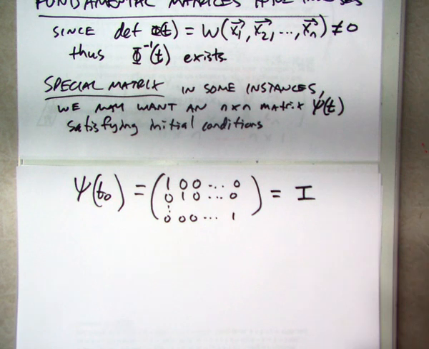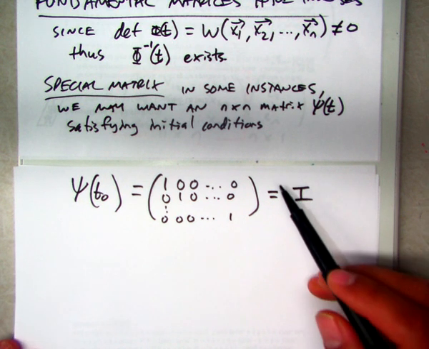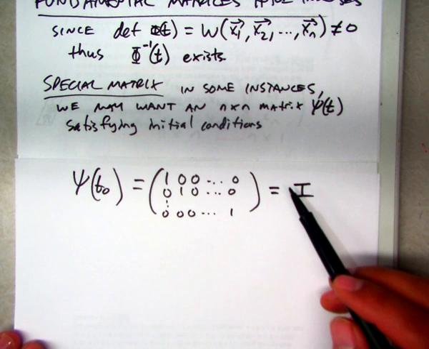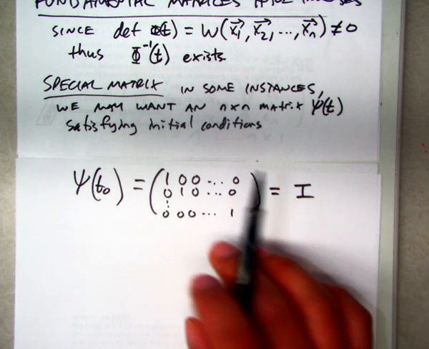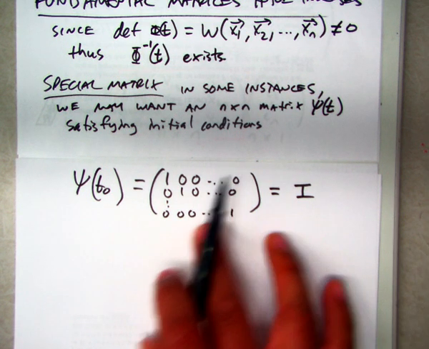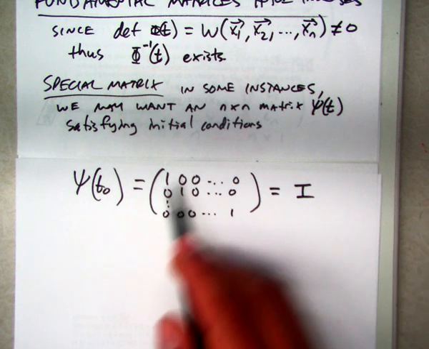Okay? So this is a very particular circumstance where maybe we have a given system and we want the initial conditions to actually satisfy the condition that when we plug in our initial value, we get an identity matrix.